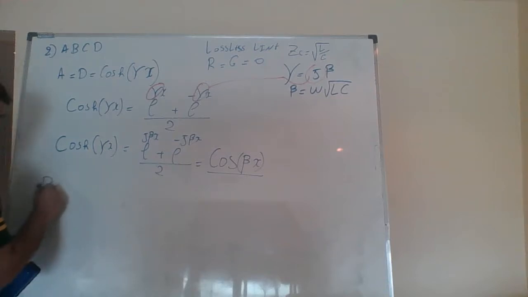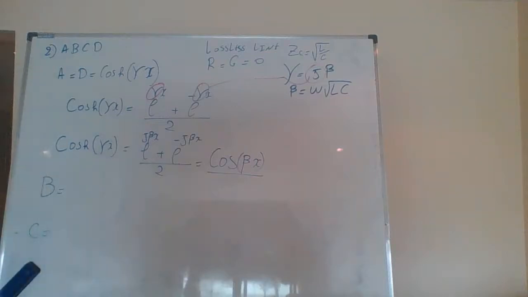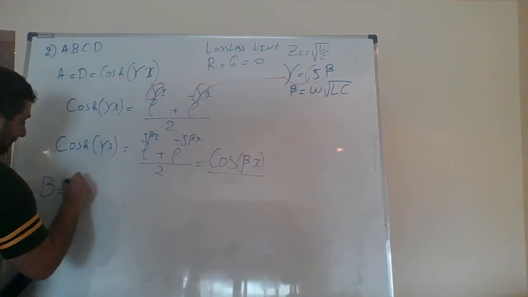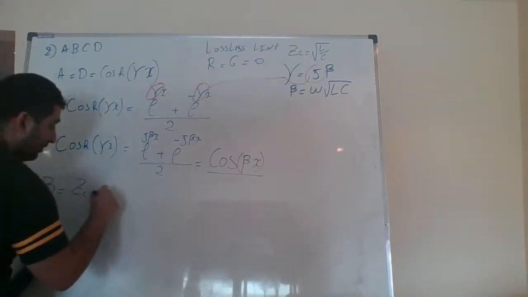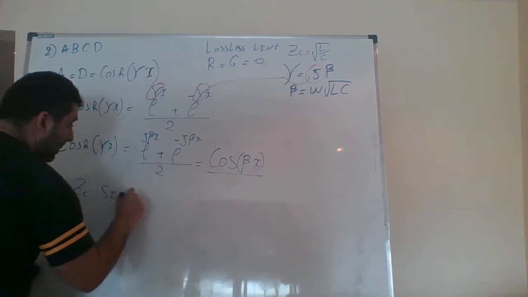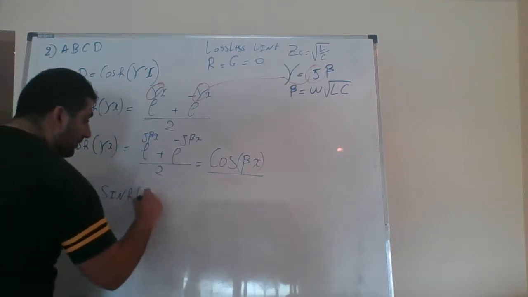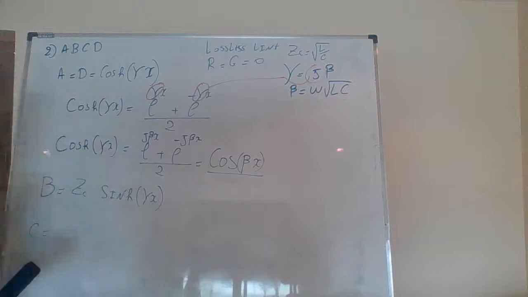I do the same for B. Remember what was B equal to? B is equal to ZC sine hyperbolic. Remember I put an X in here.